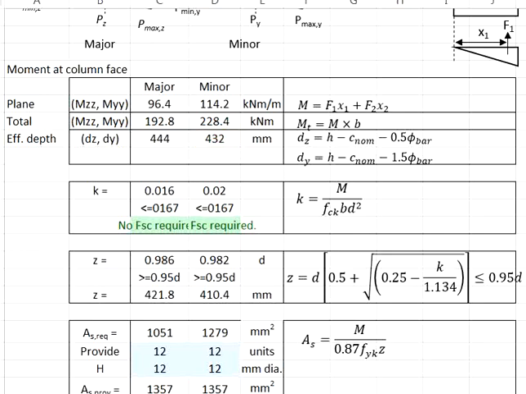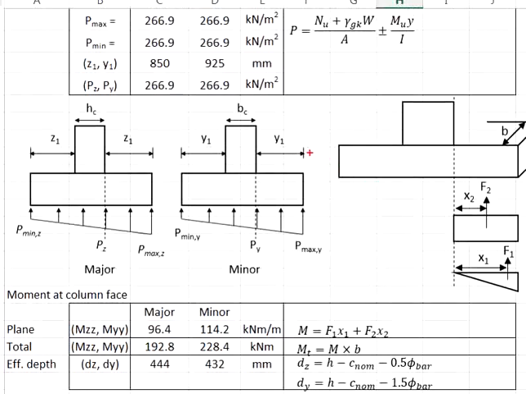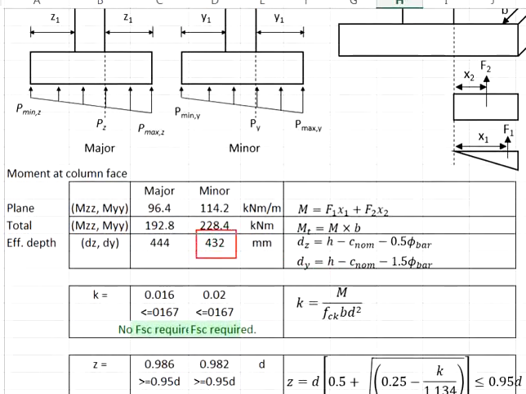As a result, calculating the effective depth from the top surface of the pad footing to the centroid of the reinforcement, the effective depth in the minor axis will be smaller.